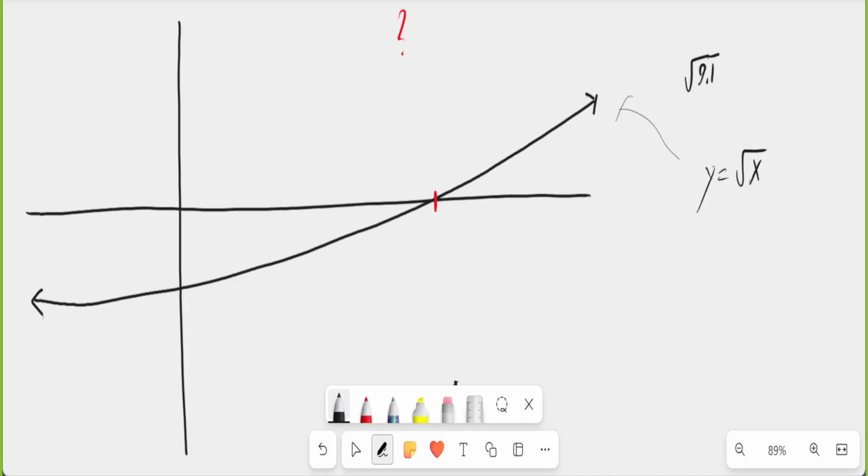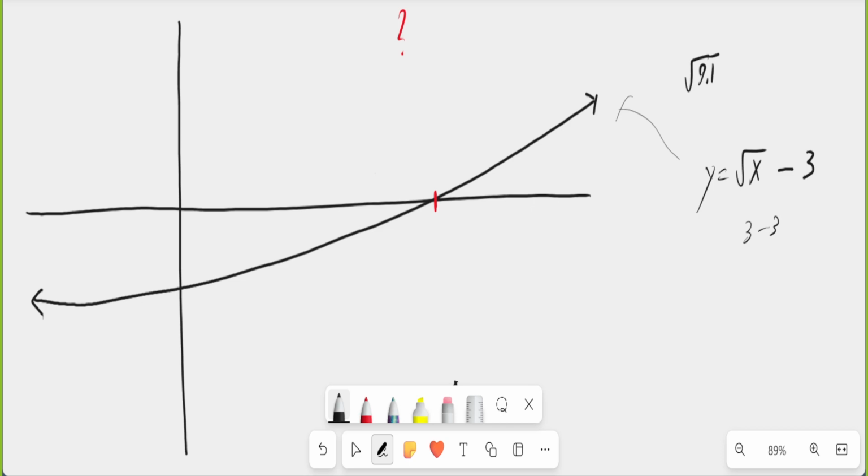Obviously this isn't y equals square root of x, but let's say it was y equals square root of x minus 3, right? The 0 of this function is 9. If I plug in 9 for x here, I get 3 minus 3, right?